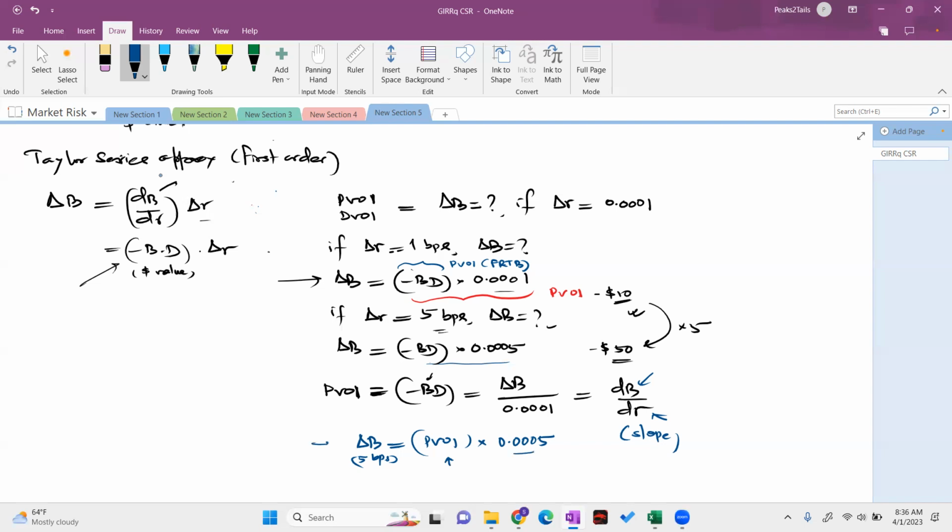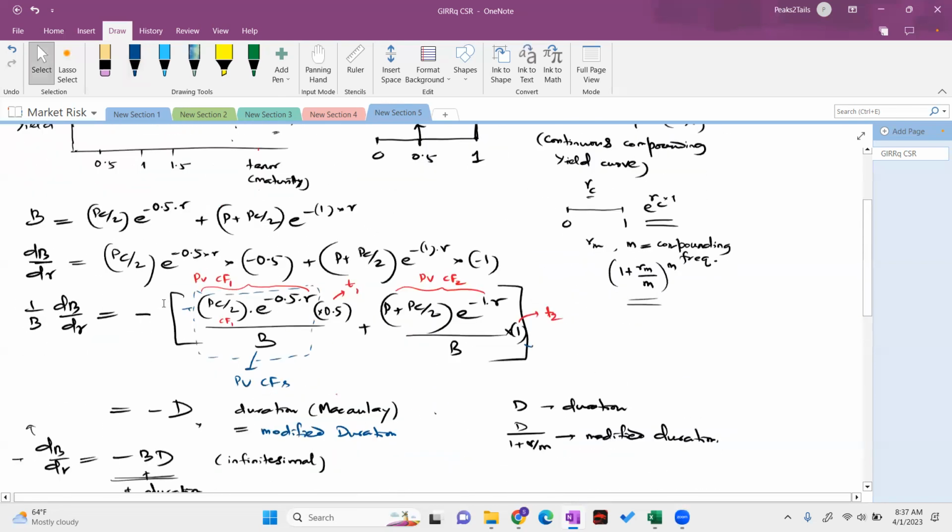It's just one simple equation. But this will ignore higher order terms. This is just an approximation. PV01 is calculated daily. It will change from time to time. Good. Any other question? Clear, everyone?